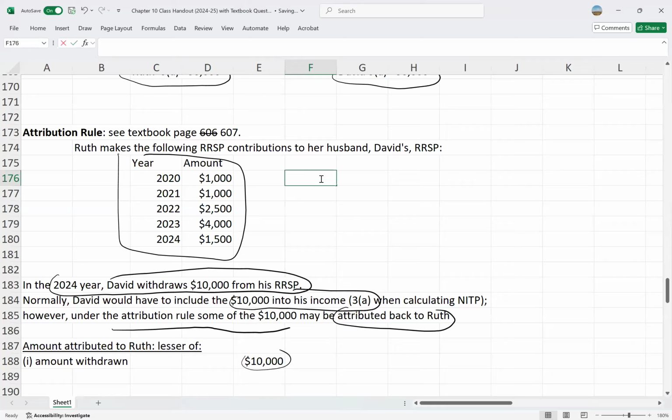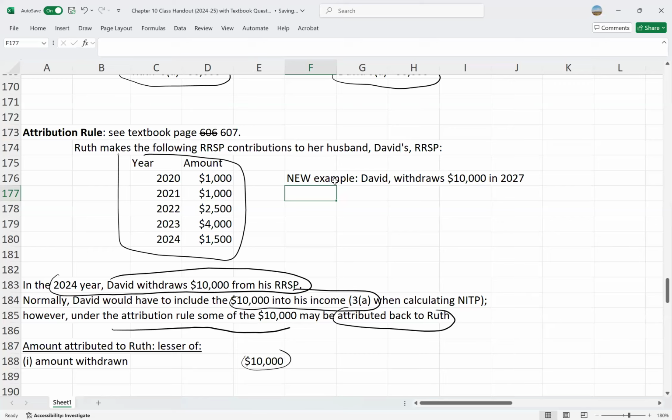So let's look at a new example. Let's say David then withdraws 10,000 in 2027.